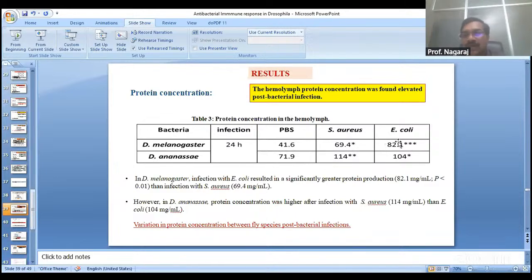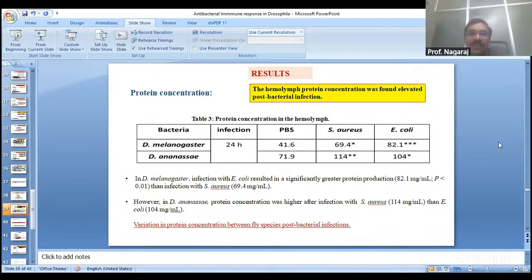Again, E. coli, there is 82.1 and 104 in NNSA. So the NNSA species has produced the highest level of protein against these two bacterial infections, saying that there is a variation in the protein concentration between fly species after bacterial infections. So meaning there must be a different set of proteins.